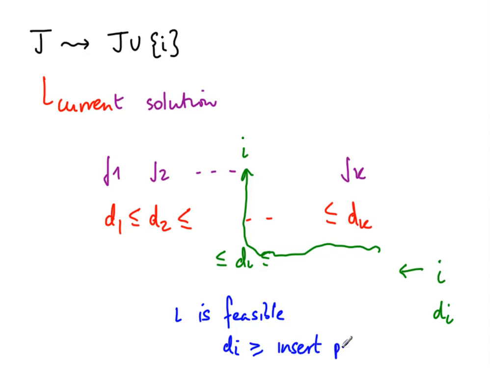So the deadline is met at this position. The other thing we have to check is that everything to its right is now going to be shifted by 1. All these deadlines were feasible when they were in their current positions. Do the deadlines remain feasible after shifting by 1? If both of these conditions hold, then this is okay. If any of these conditions fail, then we have to discard I and go to the next job.